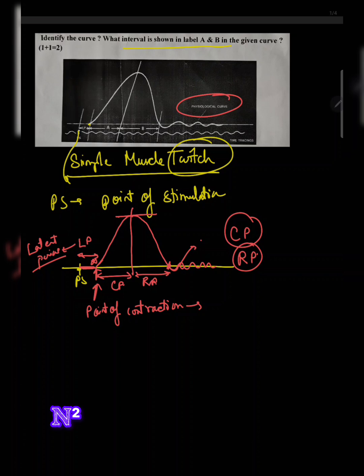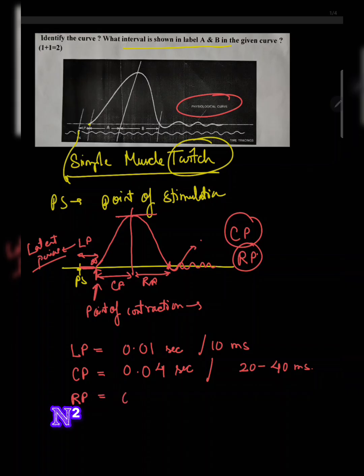Now you should also know about the duration of these periods. The latent period is approximately 0.01 seconds, or you can also write it as 10 milliseconds. Contraction period is around 0.04 seconds, or sometimes written as 20 to 40 milliseconds.